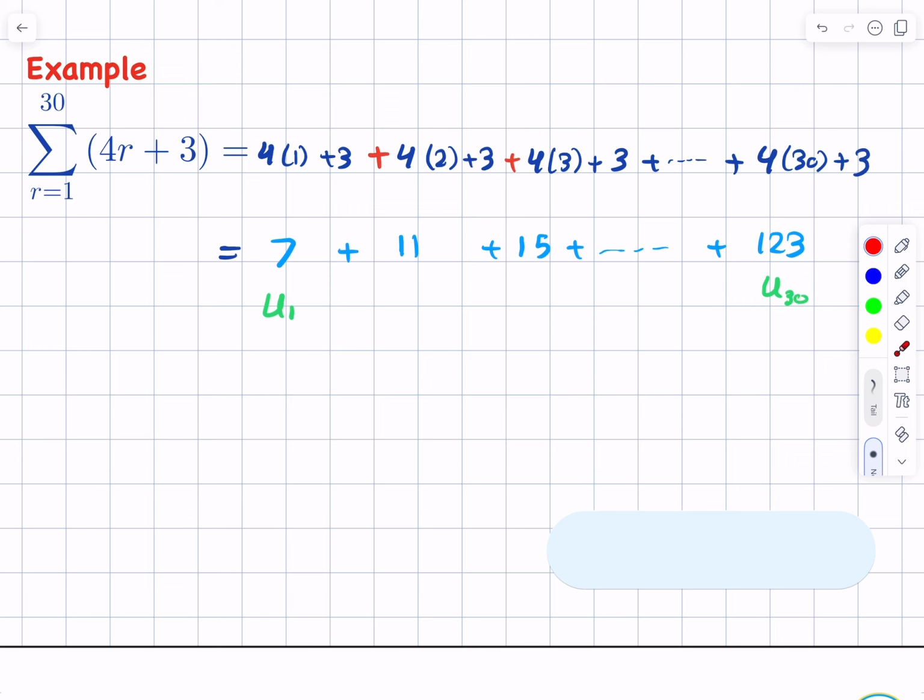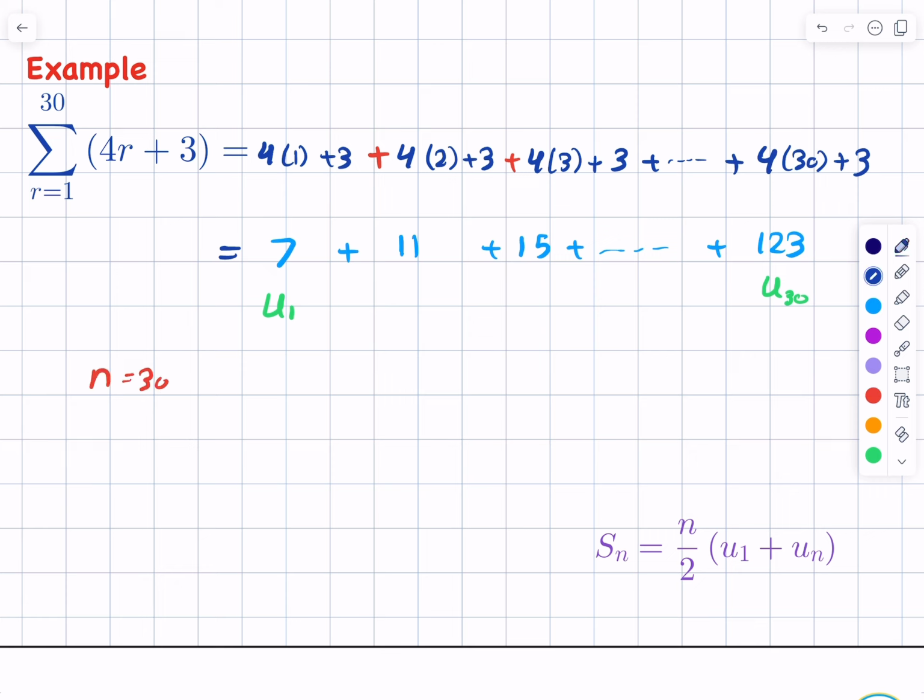And to add up these, we can use this formula for the arithmetic series. This formula is given in the exam booklet. So here, n is equal to 30 since we have 30 numbers added together. So S30 is equal to, we replace n divided by 2, so 30 divided by 2 times the first term u1, which is 7, plus un, which represents u30, the last term in the sequence, and in our example it's 123.